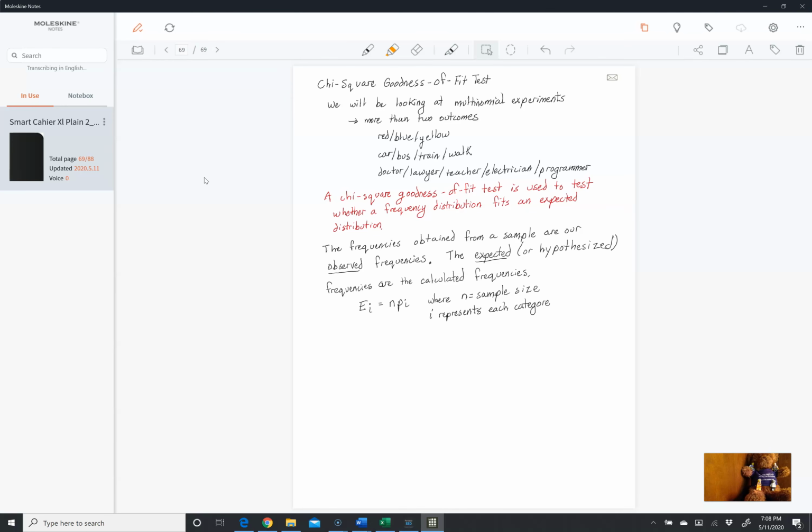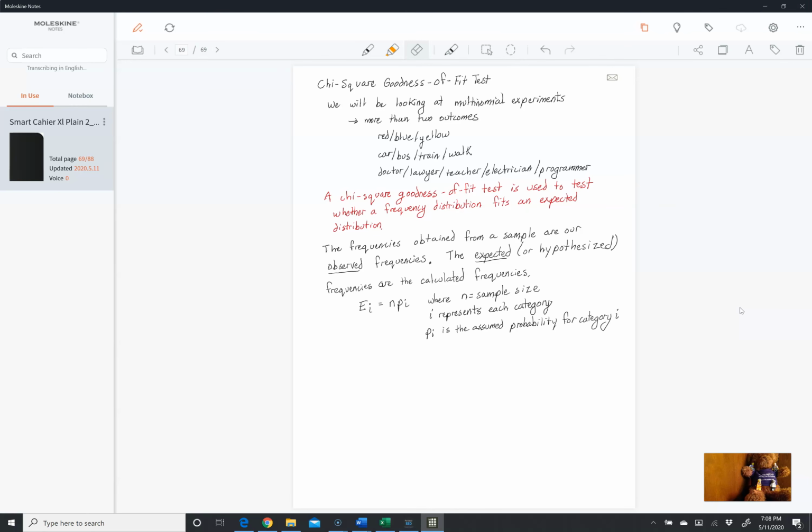So what does that mean? That means that P sub I is the assumed probability, the hypothesized probability for category I. Okay, so let's take an example.